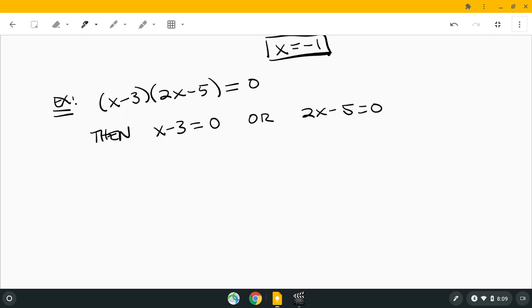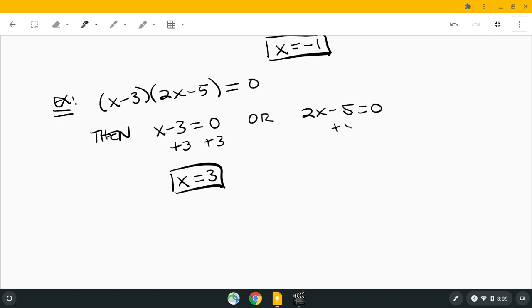If we solve each equation, here I would need to add 3 to both sides, and I get x equals 3. If I plug in 3, I get 3 minus 3, so 0 here, and who cares what I get here. I actually get 2 times 3 is 6, minus 5 is 1, so I get 0 times 1 equals 0.